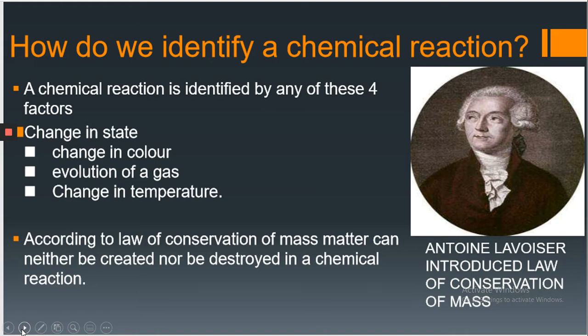Next, if you get an evolution of gas when two reactants are combined together and form a product, this is also an identification point of a chemical reaction. Change in temperature: if you get any change in temperature during your reaction, you can also say that this is a chemical reaction.